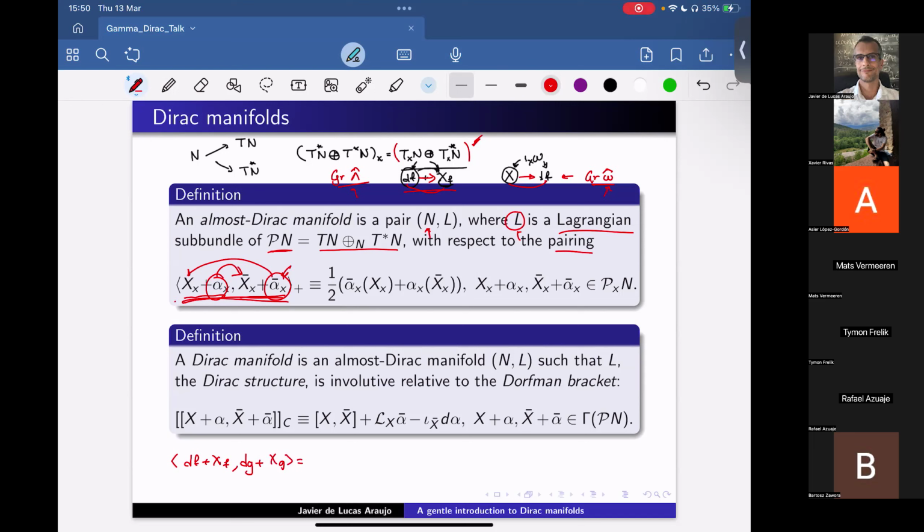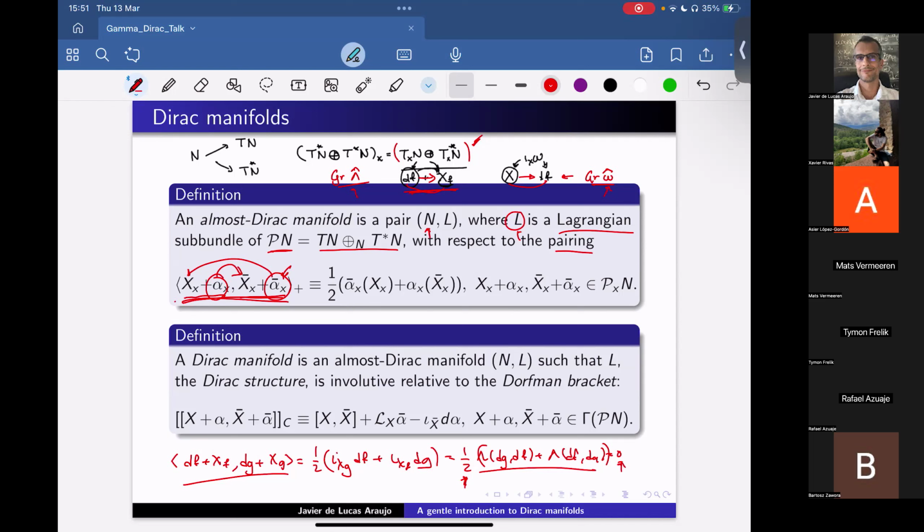What you get by doing what was written above is just to contract this with this, okay, for example, and it's up to the definition you want to use. With the Poisson bivector, with the symplectic form, you will get this, and you immediately see that the isotropy of this subbundle, in the case of the Poisson or the presymplectic, gives you that it is equal to 0.